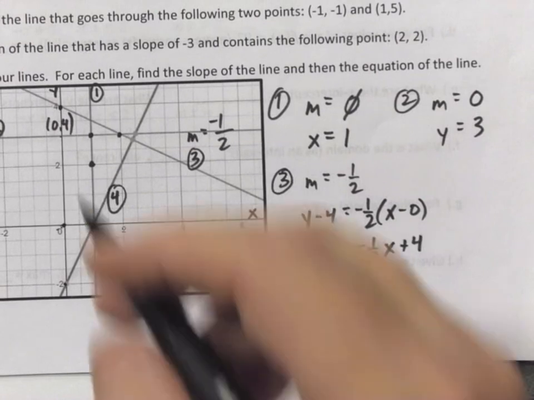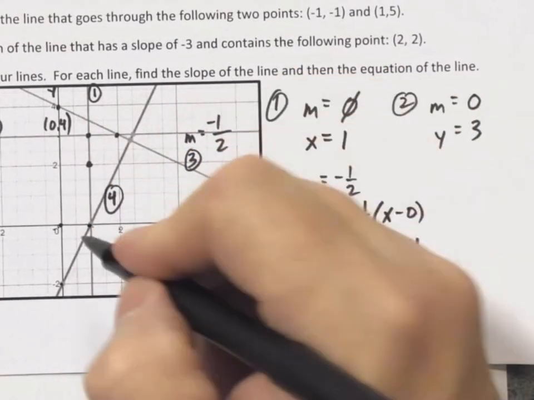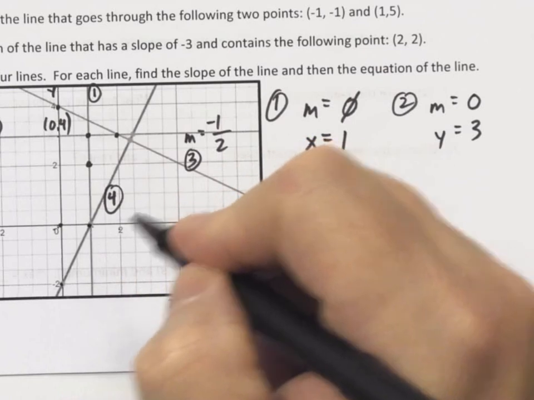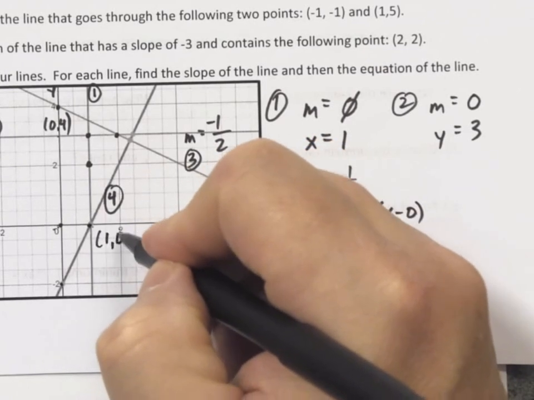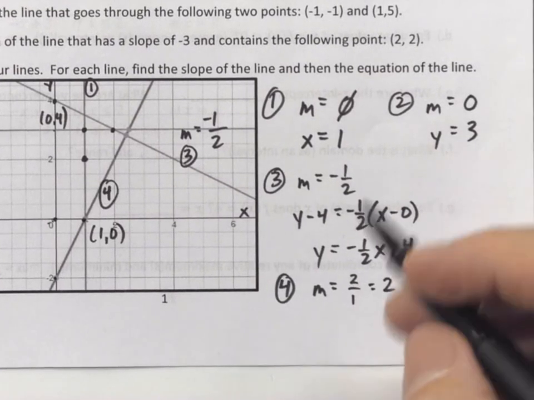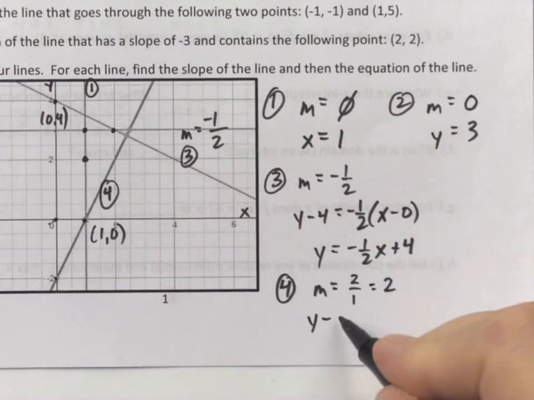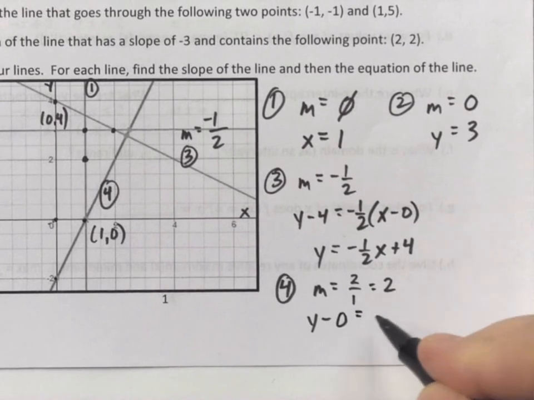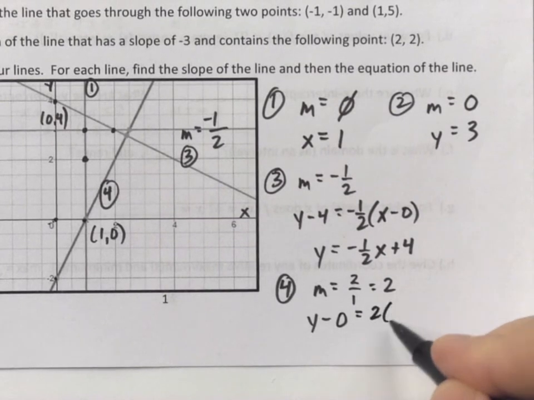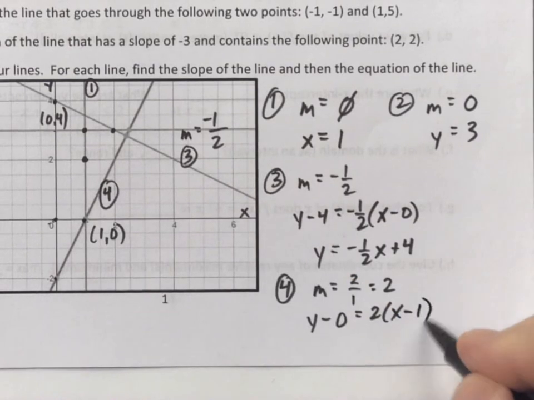And now let's just choose this point on our line to find our equation. That point there is going to be 1, 0. So the point slope equation, y minus the y of my point, which is 0, equals the slope times x minus the x of my point, which is 1.